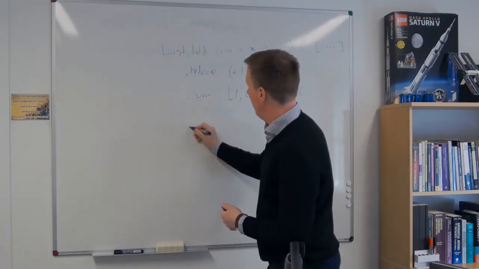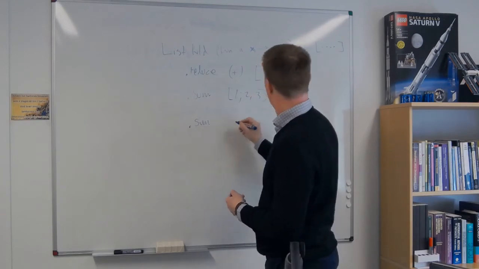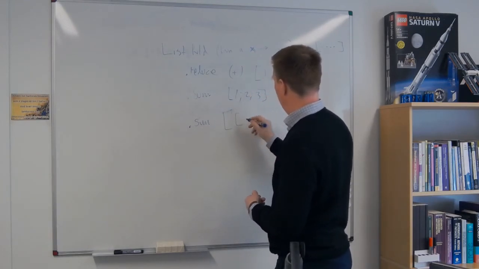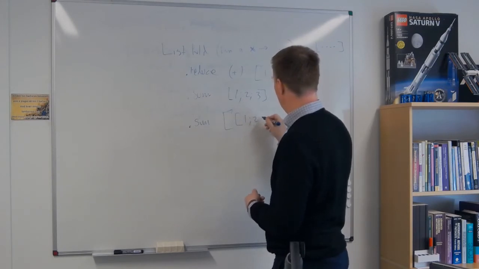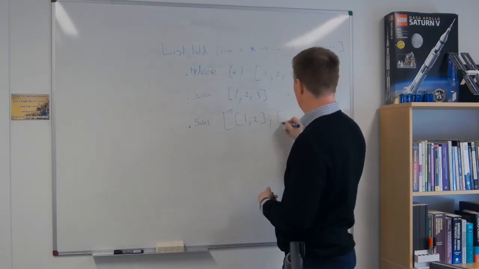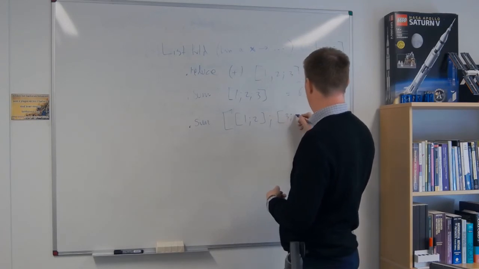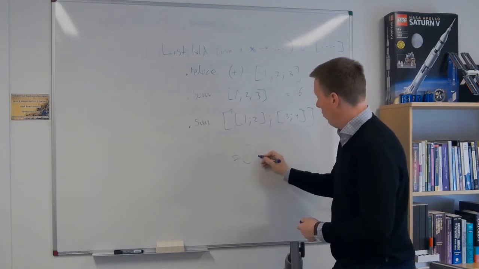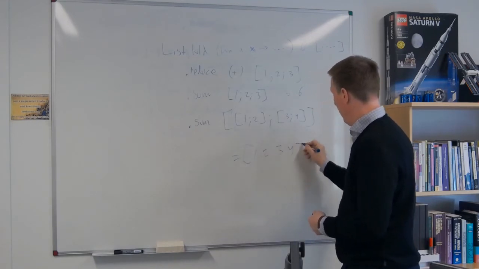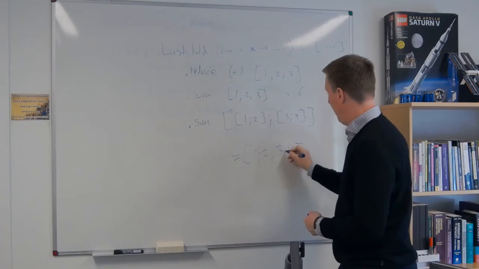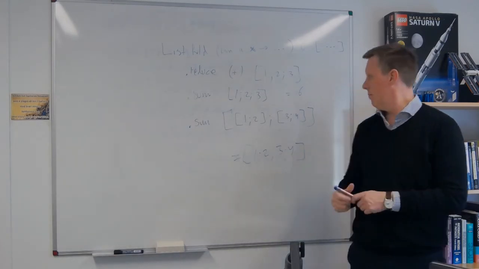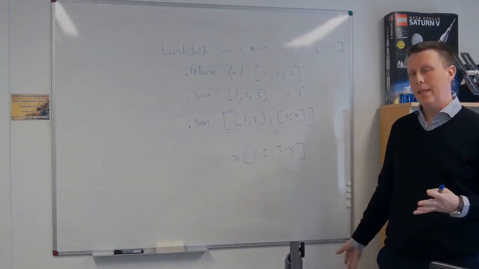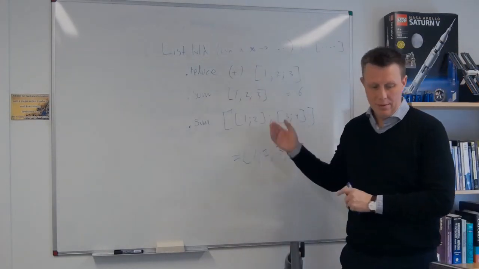I could say something like sum of a list of lists 1, 2, 3, 4, and the answer from this would be 1, 2, 3, 4. So that's a way of flattening a list using the monoidal properties, which is quite neat, and everything just falls out of this.